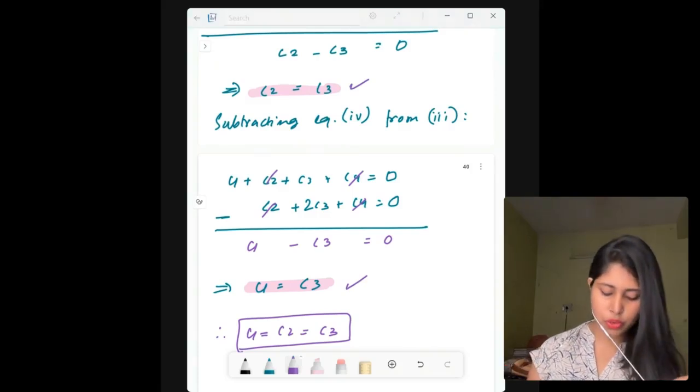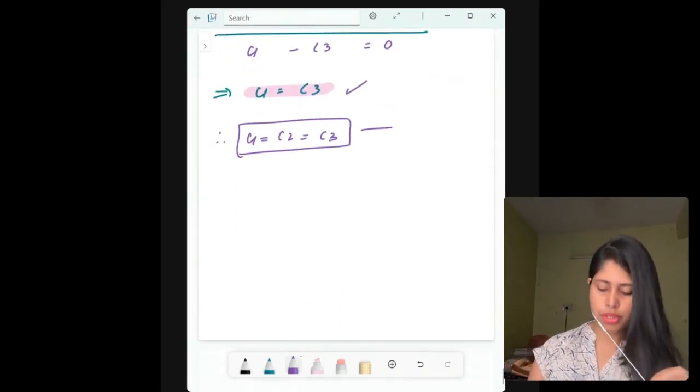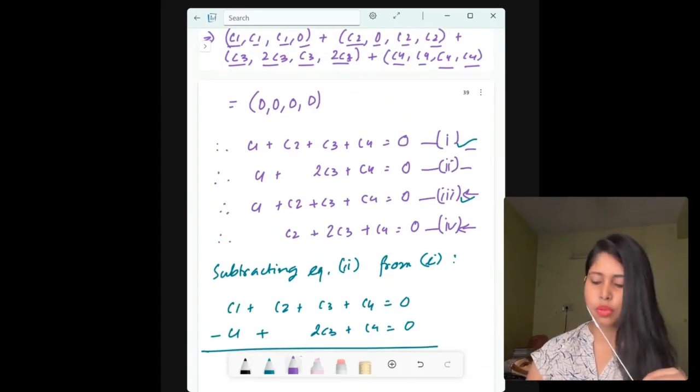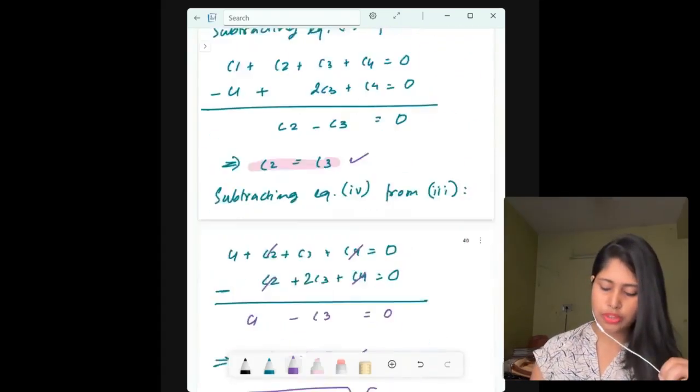So next, what do we need to do? Now we can follow along this relation. Next we need to put this value in equation number 1, and then we will get the relation with C4. So let us do that.